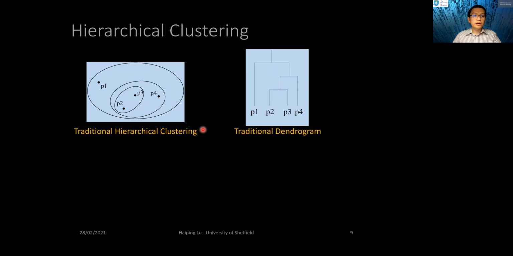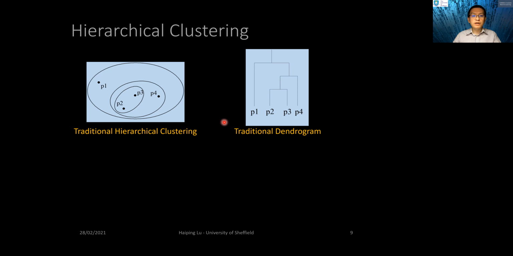So this is a traditional hierarchical clustering. And you can see from here, the difference between two adjacent clusters is only one data point.